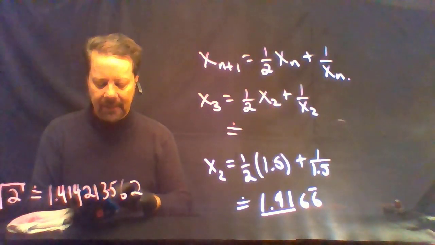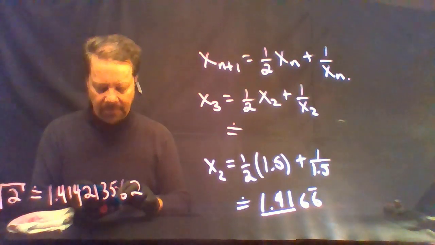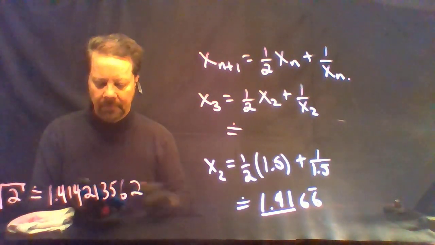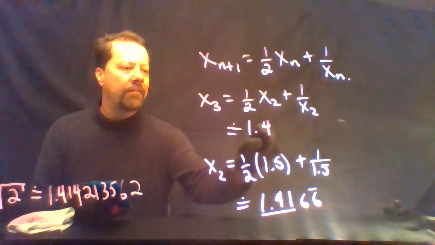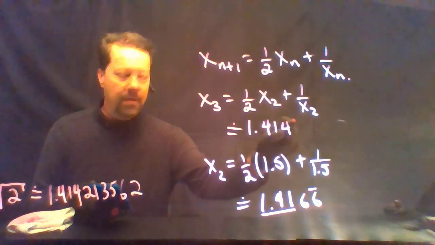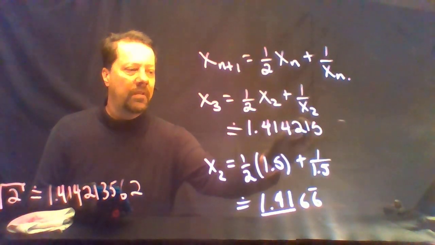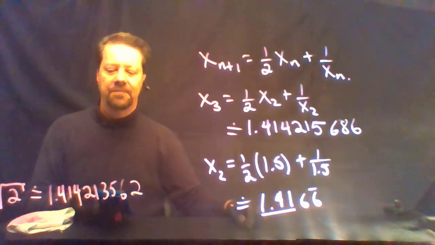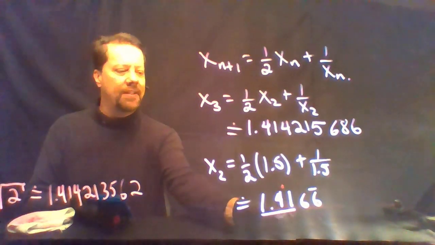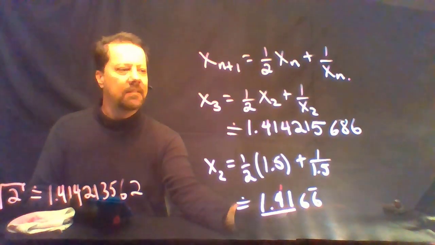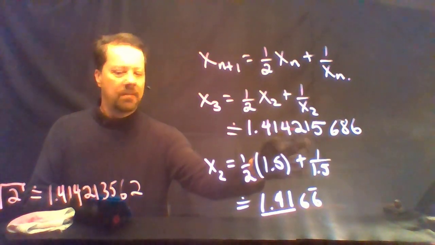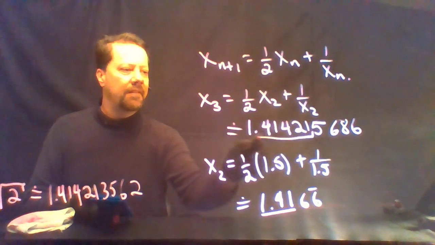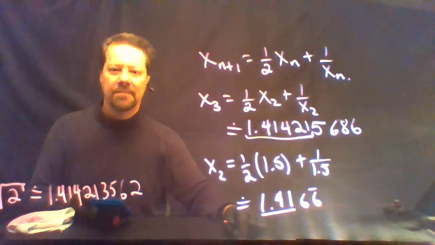Now, according to my calculator, that's 1.414215686. Before, we had 3 decimal place accuracy. Now, we're accurate to 5 decimal places.